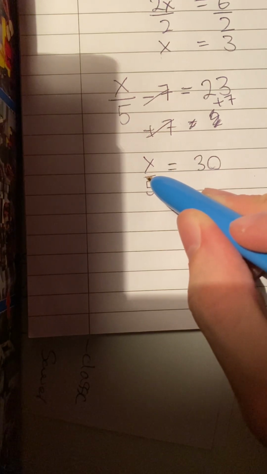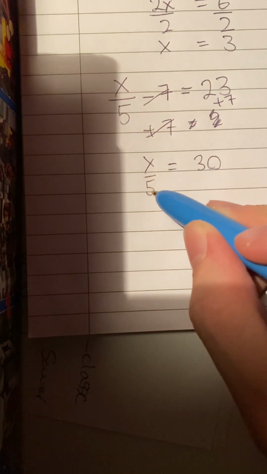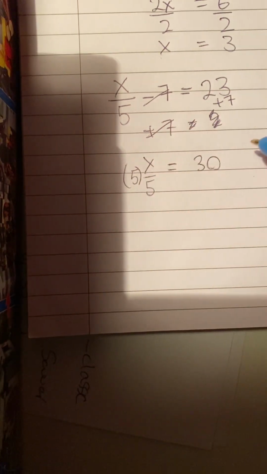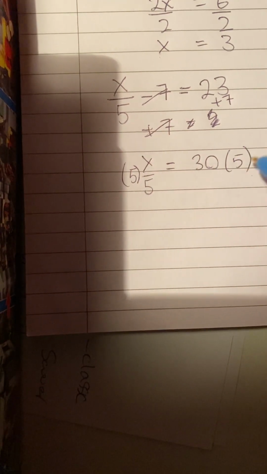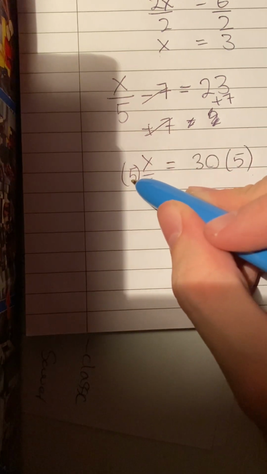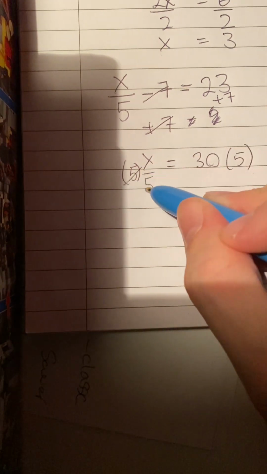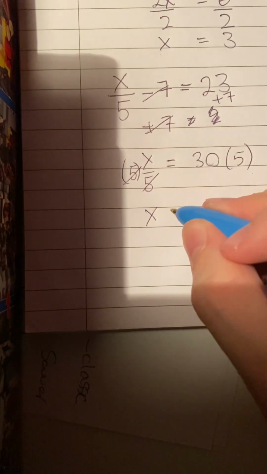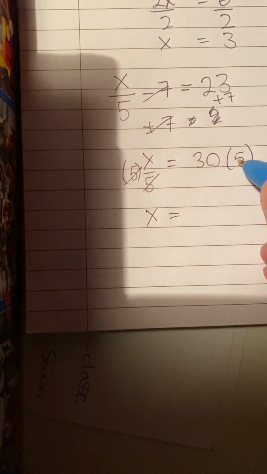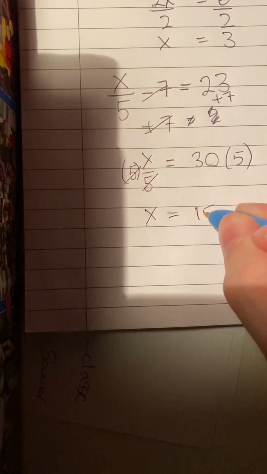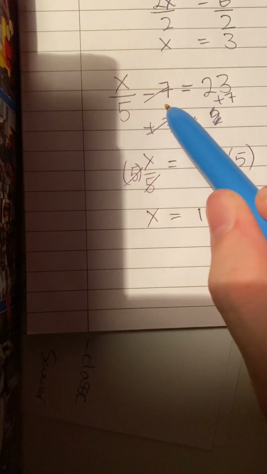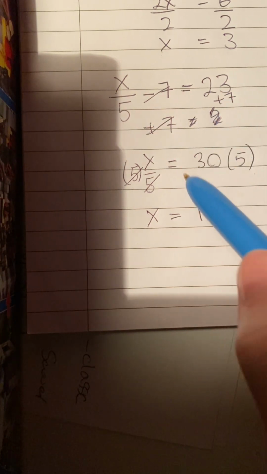So the inverse operation of dividing by 5 is timesing by 5. Because these are inverse operations, they cancel. So on this side, I will just get x, and this is equal to 30 times 5, which is 150. So x for this equation, x over 5 minus 7 equals 23, is 150.